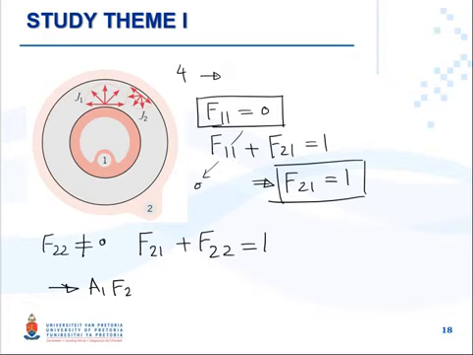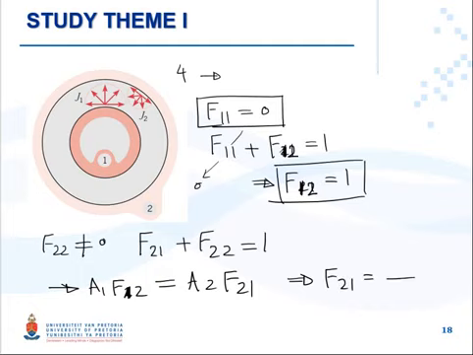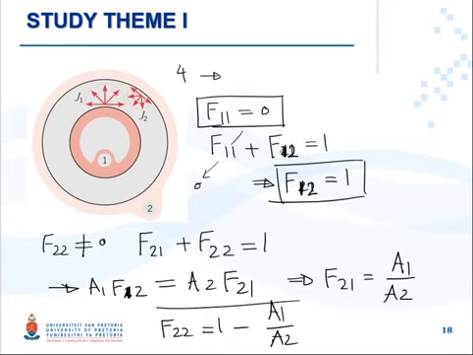Sorry, I made a mistake here, it's A1 F12, not A2 F21. A1 F12 is equal to A2 F21. So then F21 is equal to A1/A2, and F22 is equal to 1 minus A1/A2.